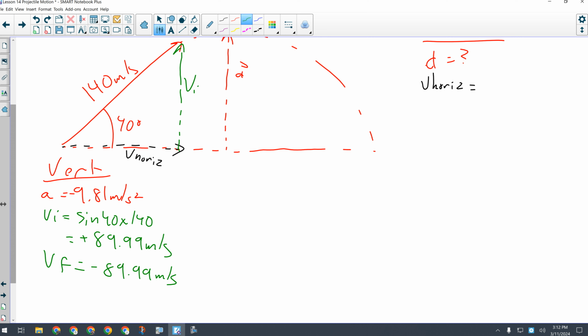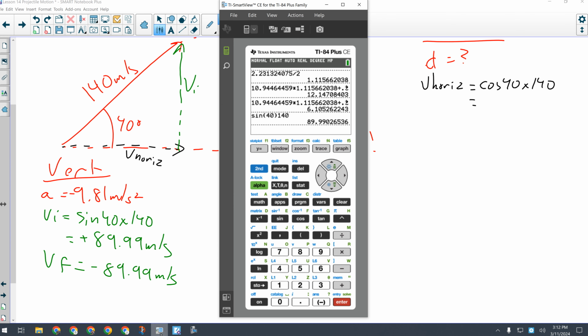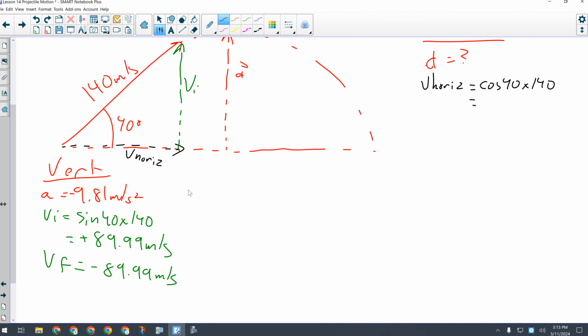And then on this side here, I can calculate that V horizontal. To do that, I'm going to go cos of 40 degrees times 140, and so 107.25. Okay, so I've got those numbers.